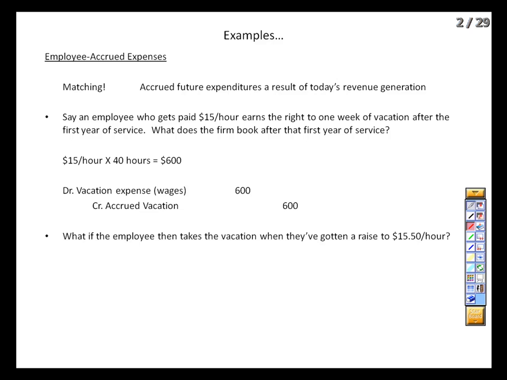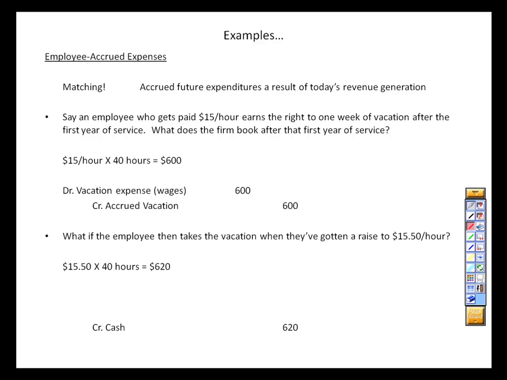Let's now fast forward to when they take that vacation time, and let's assume that their wages have increased by a bit because they got a raise. Now, we could backdate it and give it to them at $15 an hour, but we'd be total bastards if we did that, so let's pay them the extra 50 cents when they're on vacation. That ain't gonna kill us. When we write that check, it's going to be at 40 hours times $15.50 or $620.